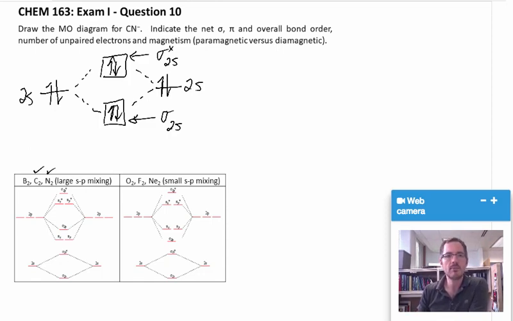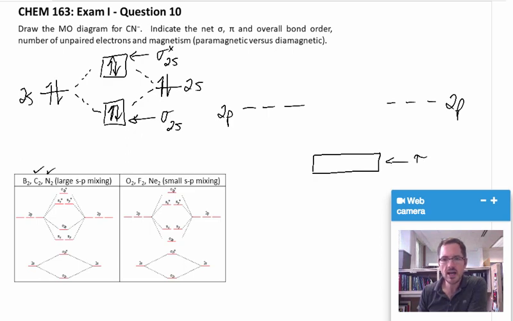So when I now break up my next part, which is going to be my 2p's, based on the energy splitting, my lowest energy is going to be my pi x and pi y, followed by my sigma 2p.